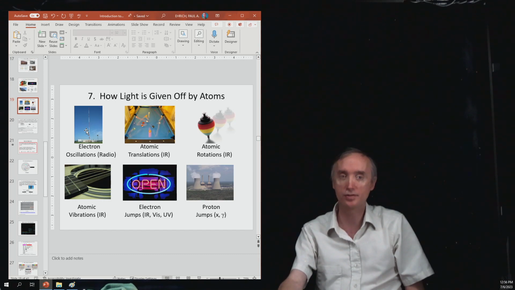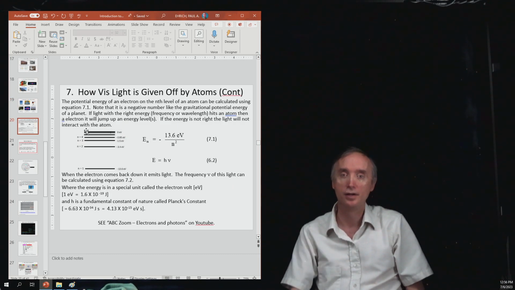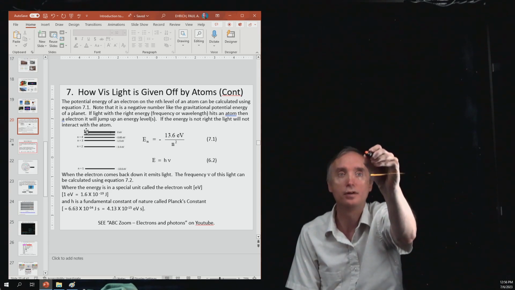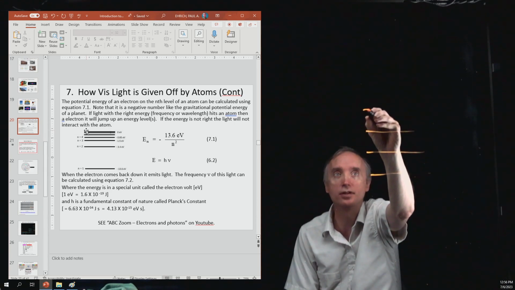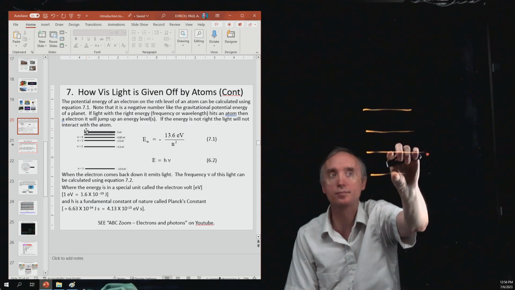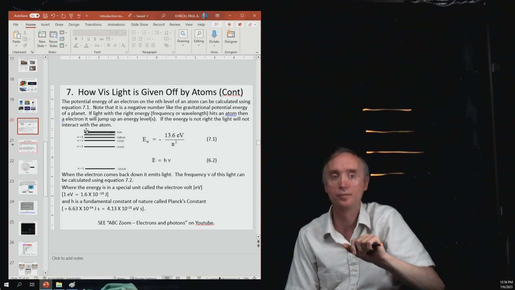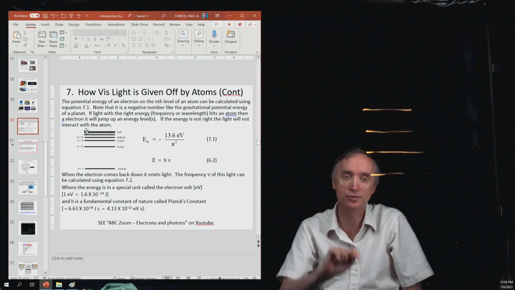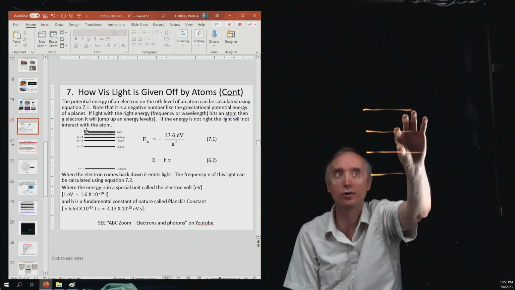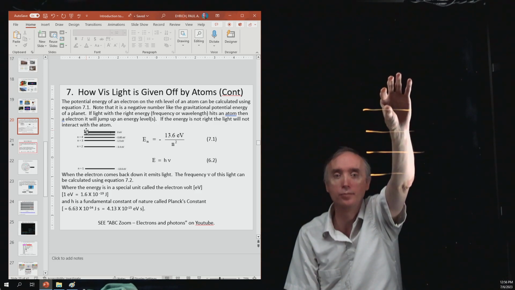So that's what I want you to get out of this. Let's look at this in a little bit more detail. Here's a picture of the energy levels of a particular apartment building. In this picture I've got the spacing the same, but if you look at that picture over there, you'll notice that the spacing is different, that it gets more and more crowded the higher up you go.